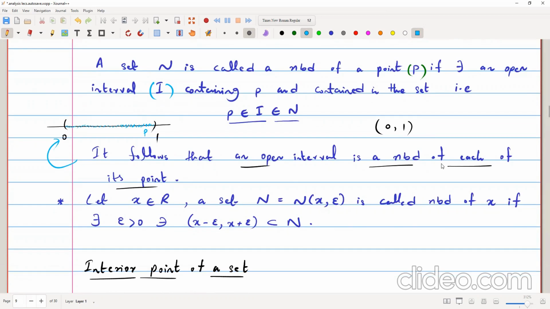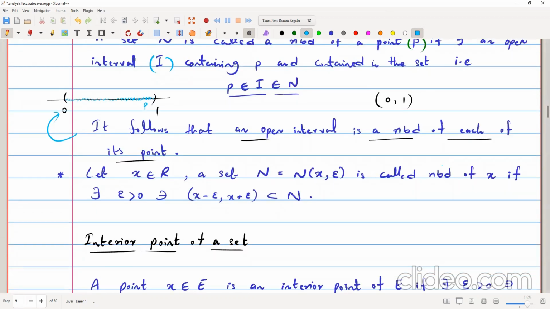Okay, and then one more way to define this neighborhood is this. Let x be a point that belongs to the set R, and a set N is called a neighborhood of x if there exists epsilon greater than 0 such that (x minus epsilon, x plus epsilon) is contained in N. So again, this is the same thing: if we have a point x in any set, we need to move forward, so it's x plus epsilon, and here we have x minus epsilon.